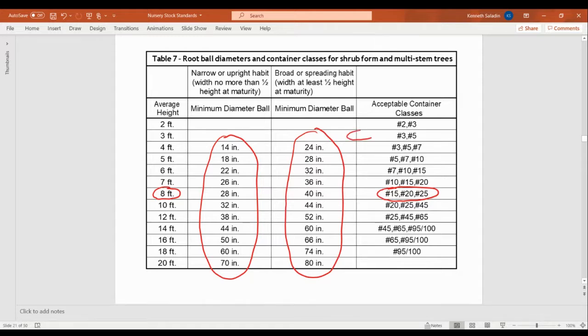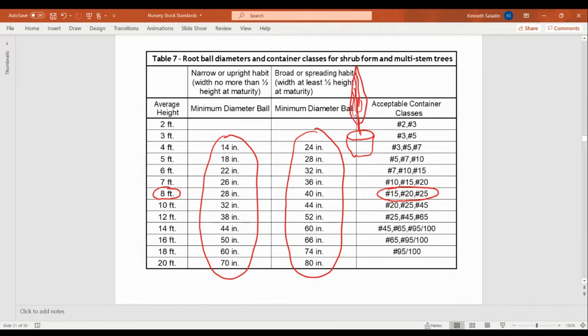You're going to be digging the tree out balled and burlap. So here's the soil ball, and the tree is going to be growing up out of that soil ball. In this example, the tree has a very upright growth habit.